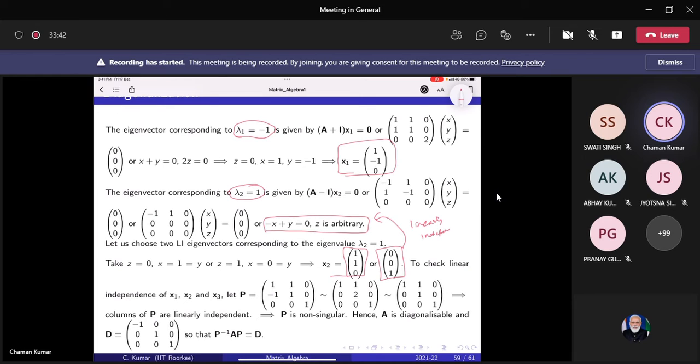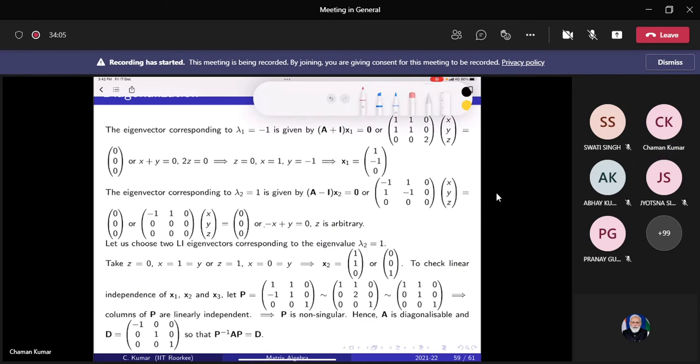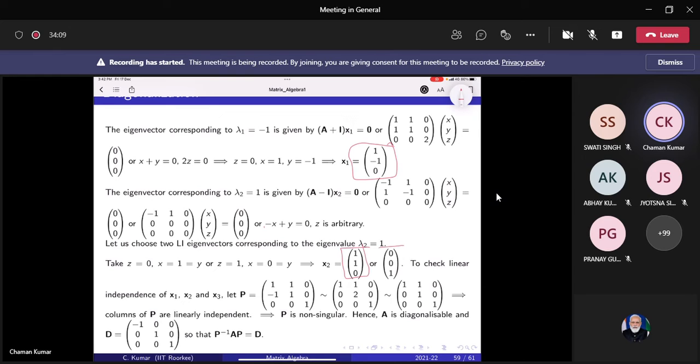One can easily check that the dot product of these two vectors is 0, so they are linearly independent. So that means we are able to find three eigenvectors. What are those eigenvectors? We have this one, we have this one, and we have this one.